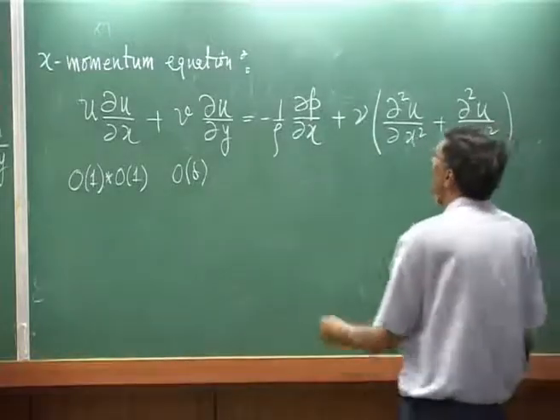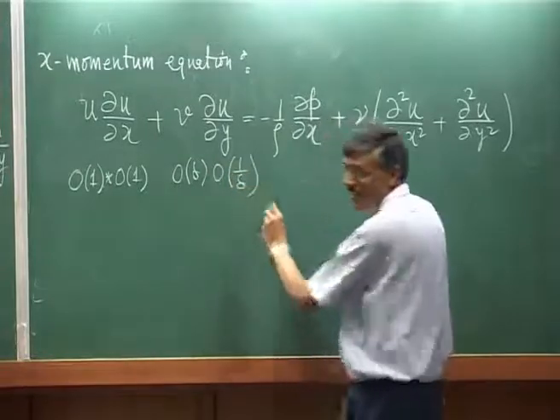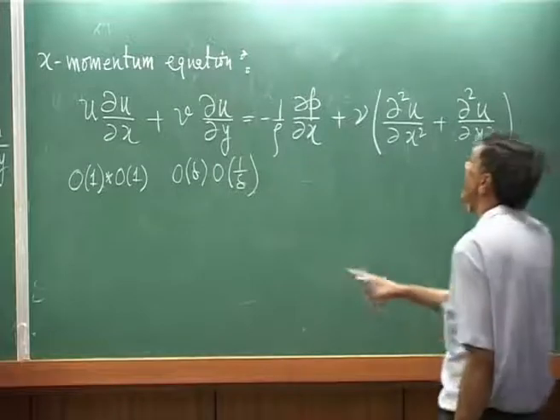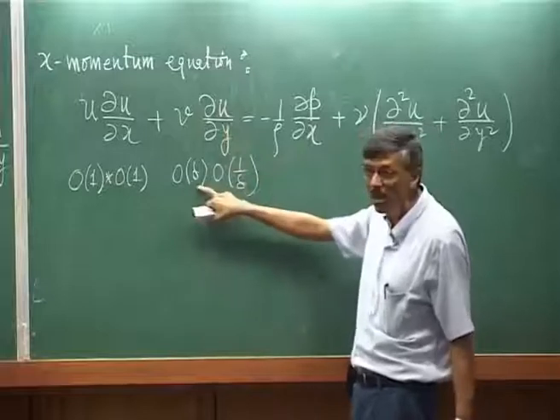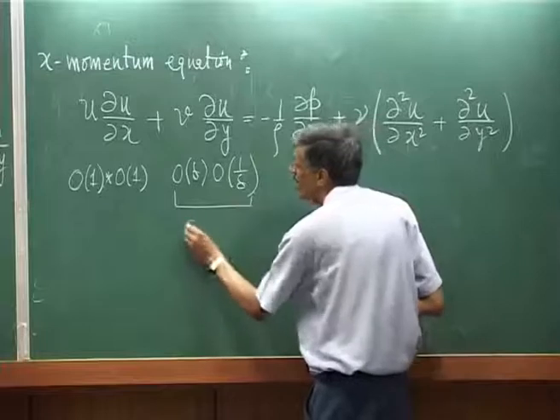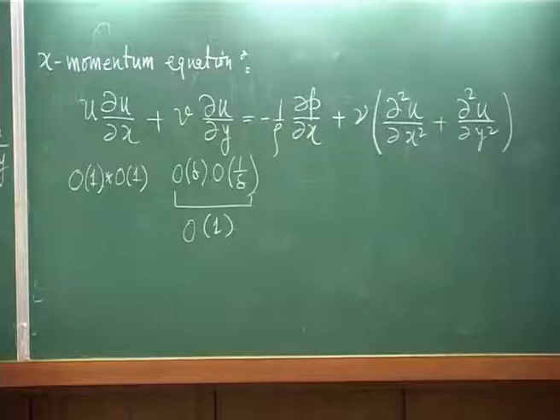Del u del y would be a term which is order 1 over delta, because things are happening much more rapidly in the y scale, and that is in the denominator, right. So, if delta is small, this derivative is very large to compensate for the smallness of v, and the product taken together again becomes an order 1 term. So, both terms are of the same weightage. So, we cannot dump one at the cost of the other.